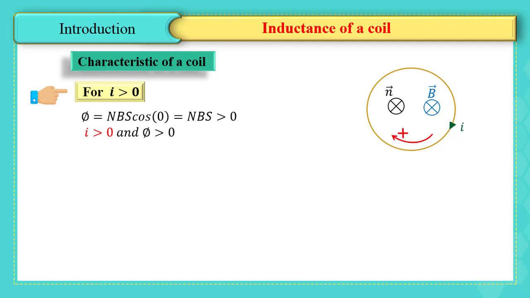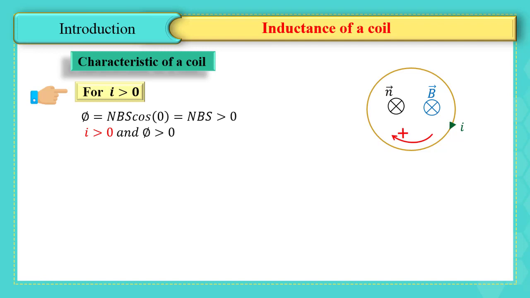Then, the self-flux, according to the formula of the magnetic flux, is equal to NBS cosine theta, where theta is the angle between n and B. In this case, theta is equal to 0, so cosine theta is equal to 1, then the self-flux is equal to NBS, which is greater than 0. So, when i is greater than 0, then the self-flux is also greater than 0.